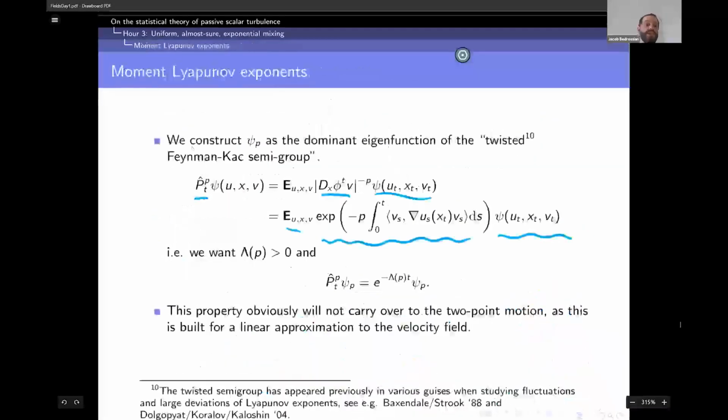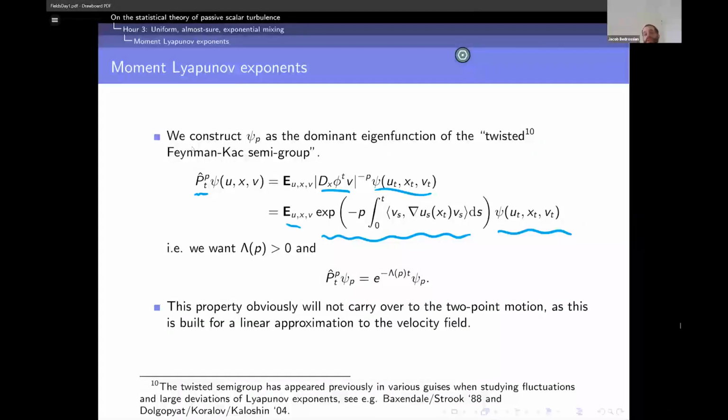What we actually do is construct an exact eigenfunction for this semigroup. We find a lambda of p, which is some number, and we're going to prove that lambda of p is positive, and we find some psi p such that this holds. And psi p will actually be the dominant isolated eigenfunction.